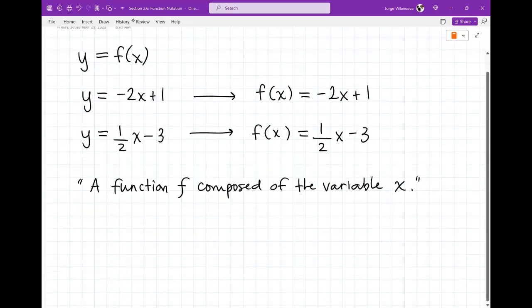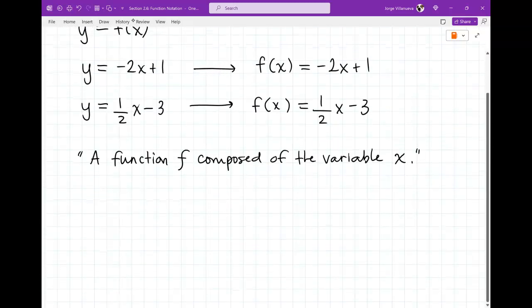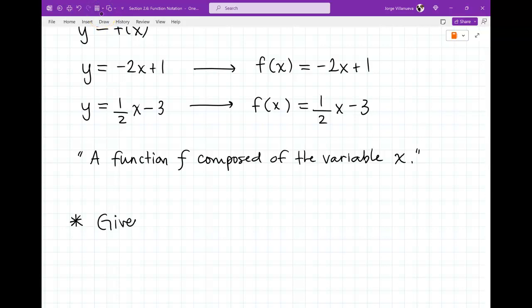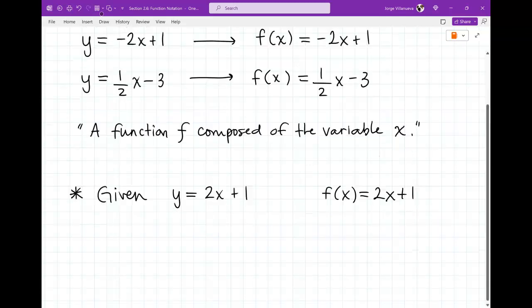So just to kind of give you an idea of how this is going to work. So just a real quick thing right here. Given, this is not an example, but it kind of is. Given y equal to, let's say, 2x plus 1, okay? And I'm also going to write it like this. F of x equals 2x plus 1.